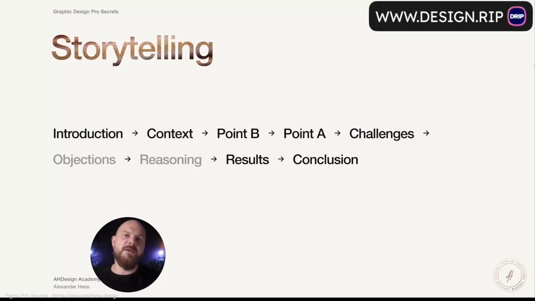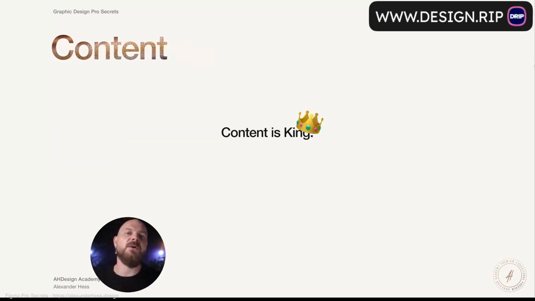So basically, this will be the conclusion. Once you understood the user experience, once you build the storytelling, it's time to go to content. And content is king. When it comes to presentation, content is king, because we have to think about what content we'll present, but at the same time, we have to understand what we will say in addition to what we'll show.